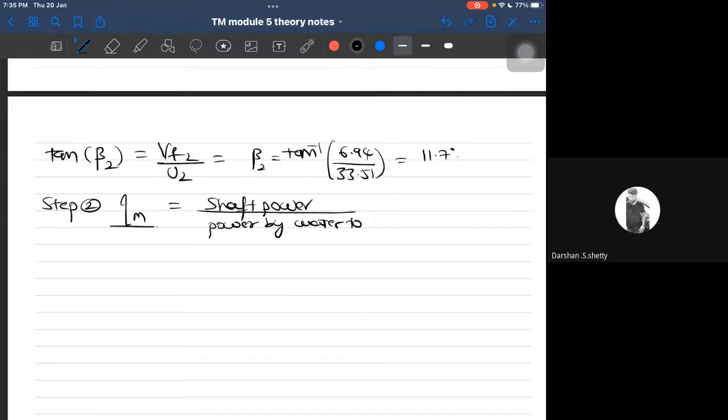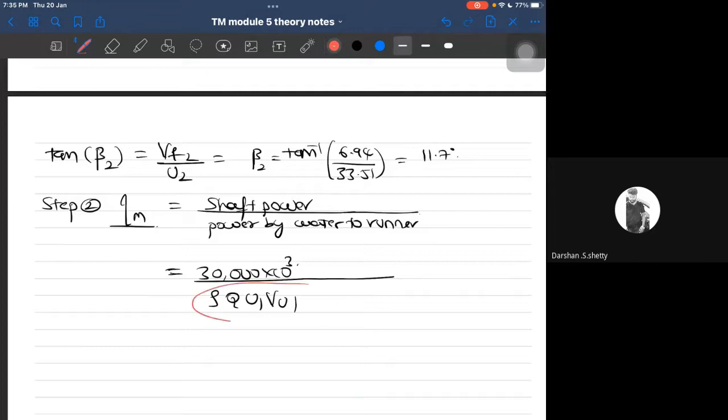Now shaft power is already given, which is 30,000 kilowatts, divided by power by the water to the runner, which is given by rho Q U1 Vu1. You have to remember this. Need to be remembered.